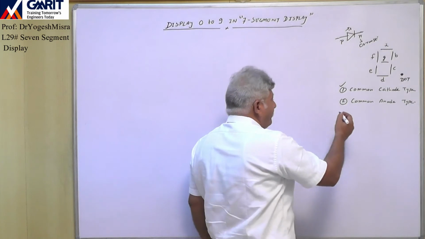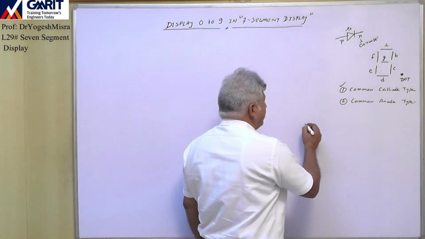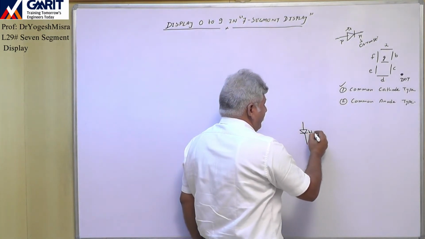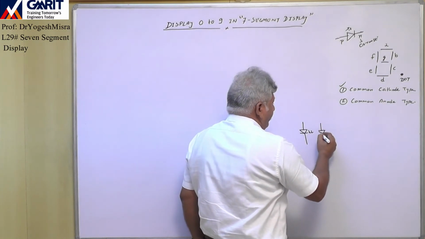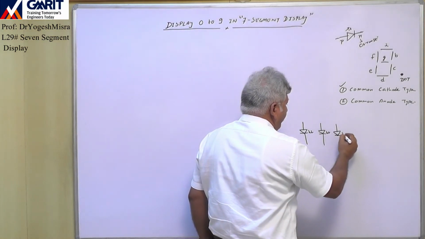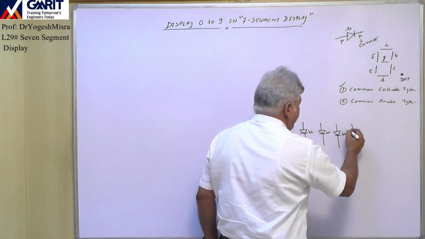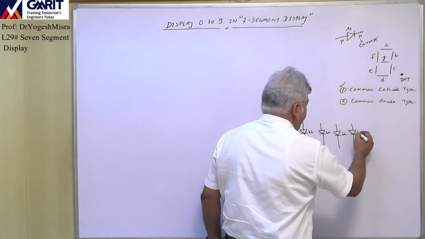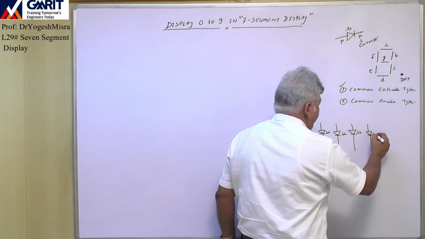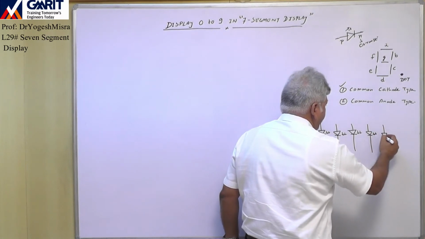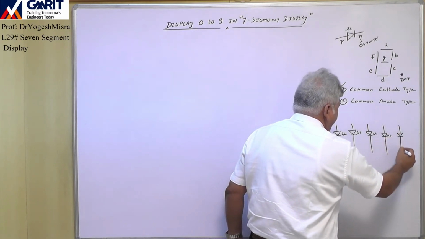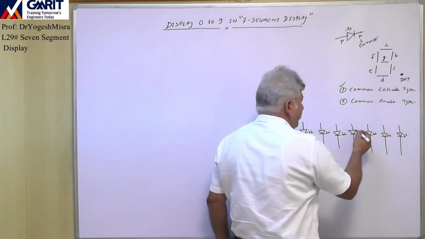So I will take one example. You will see some 7 LEDs. One, two, three, 4, 5, 6, 7.